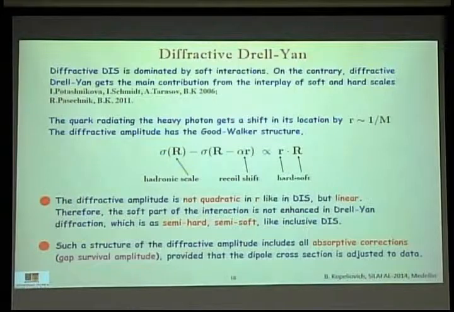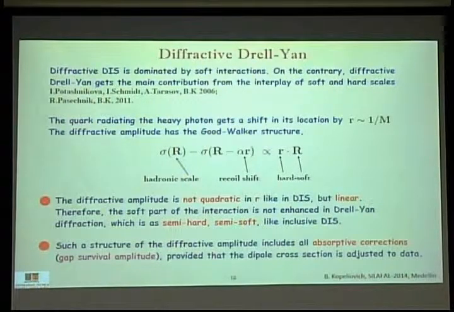And the difference gives you the cross-section of diffractive dissociation. Not cross-section, the amplitude, the diffractive amplitude. And if you look back to the diffractive amplitude in deep inelastic scattering, it's proportional to the small hard separation r squared. Here, if I take, for simplicity, R squared to be heavy in both, I will come up with small r times big R. So instead of r squared, I have r.